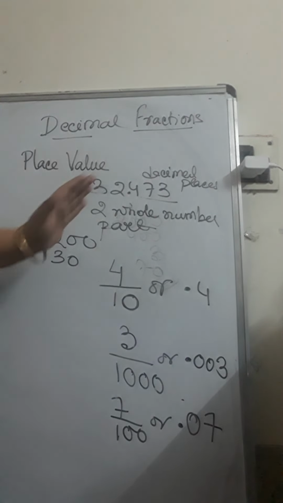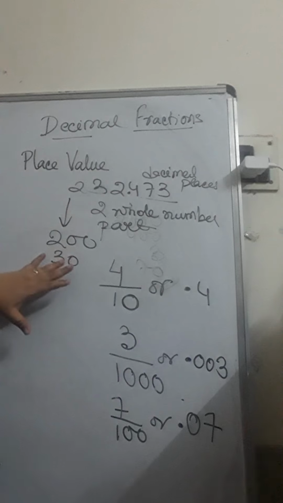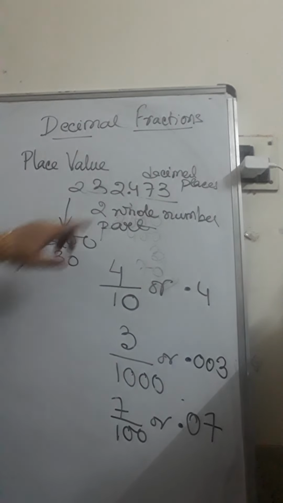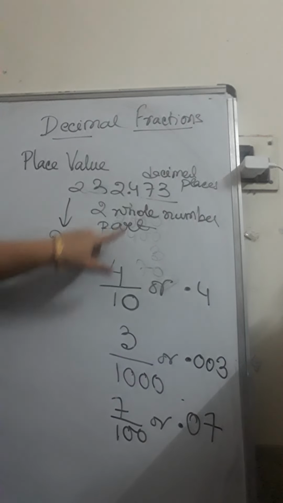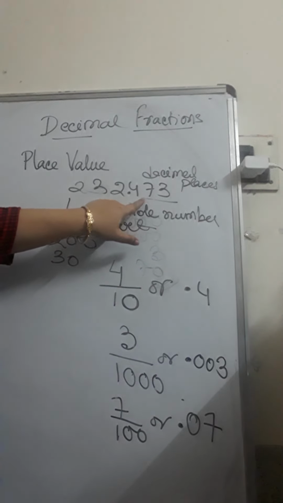But after the point, the place value changes. It doesn't remain the same, so you cannot find it in this way. How do you find it? Take 0.4. What is the place value of 4? You just change the decimal 0.4 into a fraction. Suppose 7: what is the place value of 7?